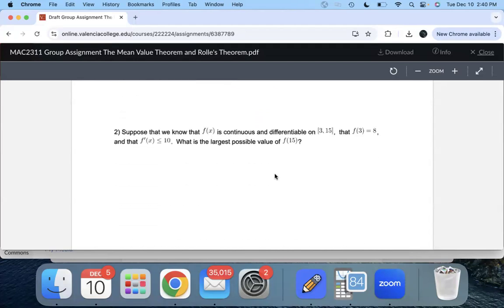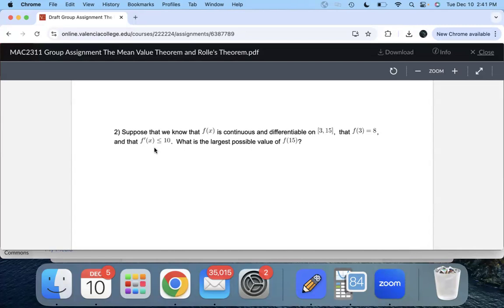Okay, then in number 2 here, think about mean value theorem and what it says here. The mean value theorem says that if we calculate the slope of the secant line, whatever that slope is, at some point inside the interval, the derivative equals the slope of that secant line.